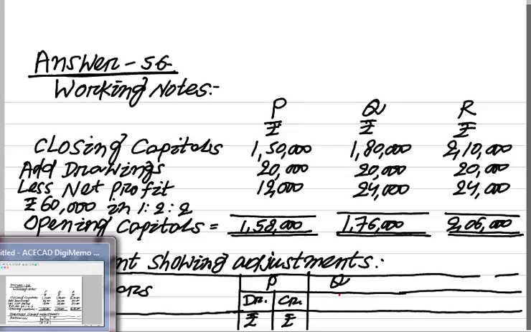Same is for Q, debit amount, credit amount, rupees. Then comes R, debit, credit, rupees, and that of the firm is same.